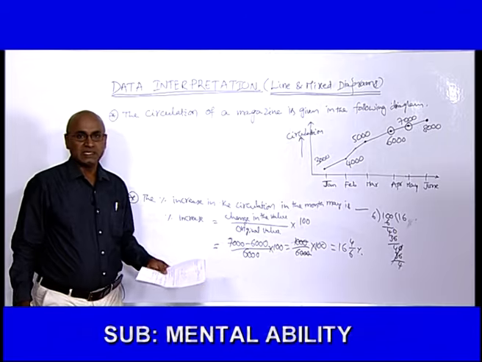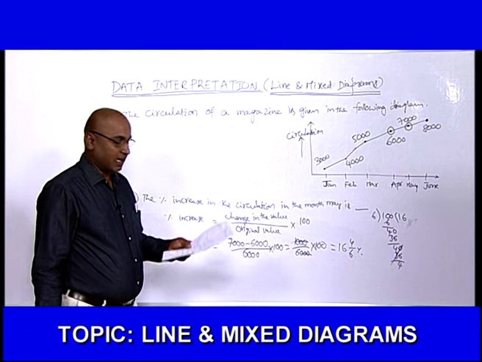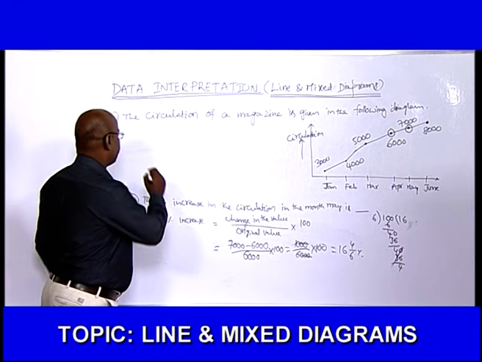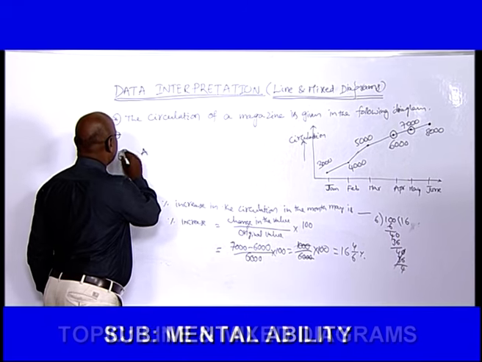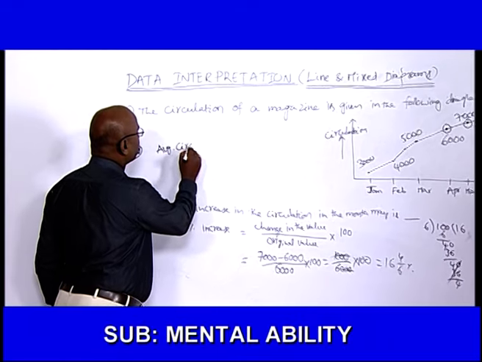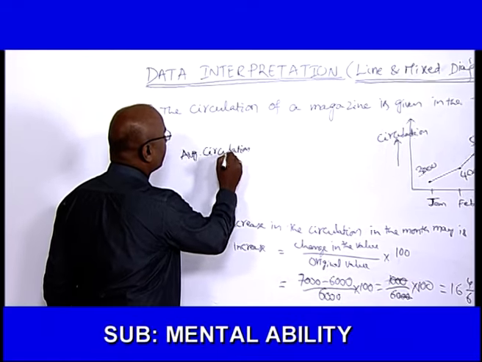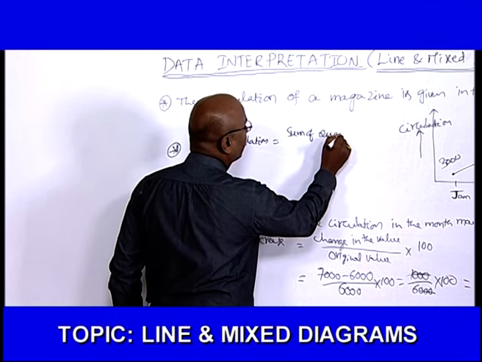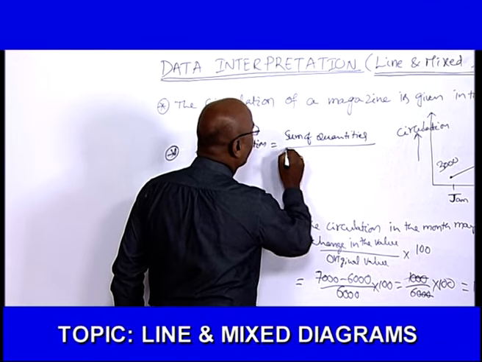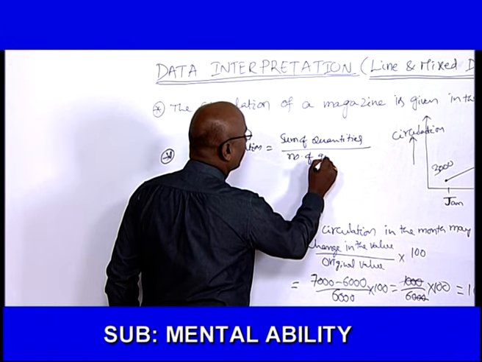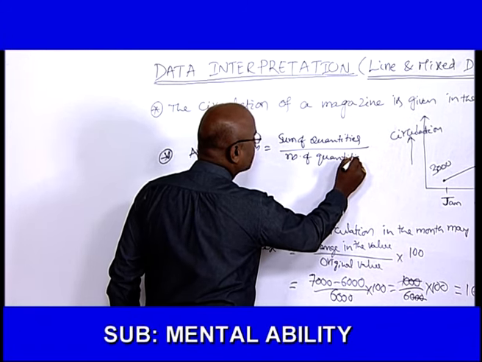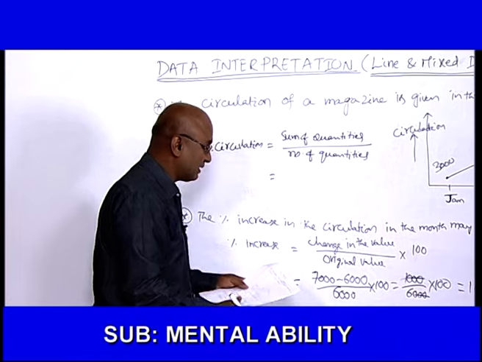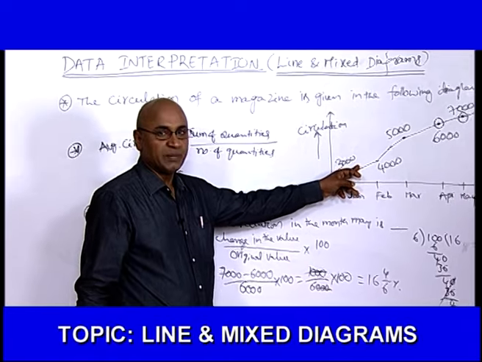So the next question is, what is the average circulation of the magazine? Next question, average circulation. We know that average is equal to sum of quantities by number of quantities. Sum of quantities by number of quantities. So what are the quantities here? Here the quantities are nothing but the circulations of the magazine.